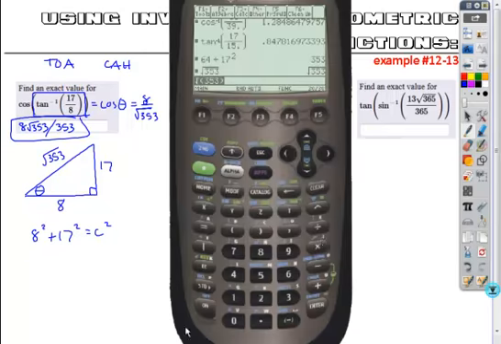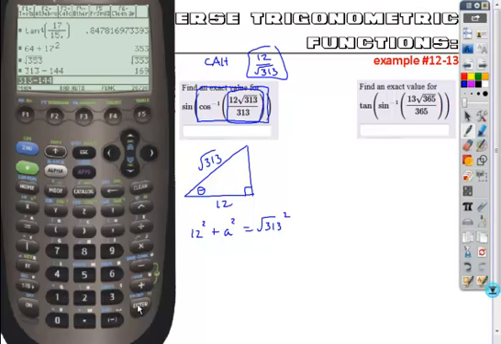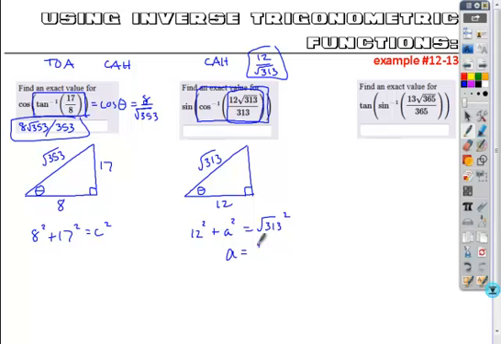And if you calculate that, root 313 squared is 313 minus 12 squared, 144. That gives you 169. If you take the square root of that, you get 13. So a is technically plus or minus 13, but since it's a distance, we'll use the positive.